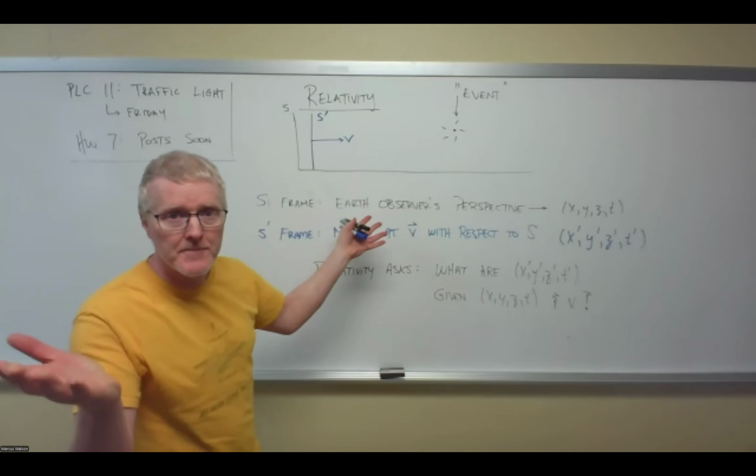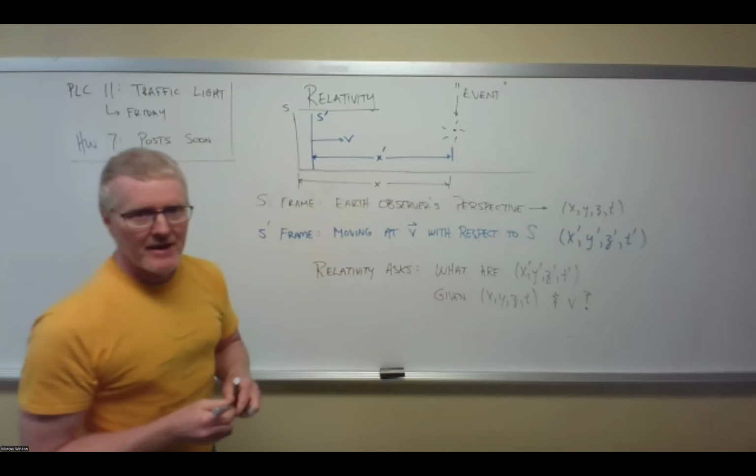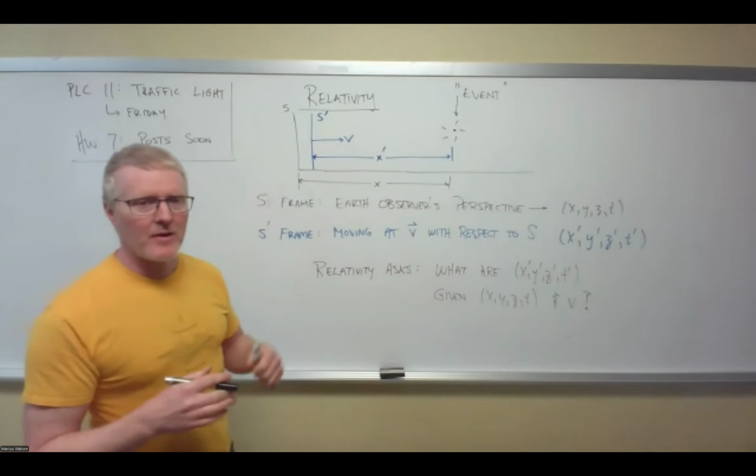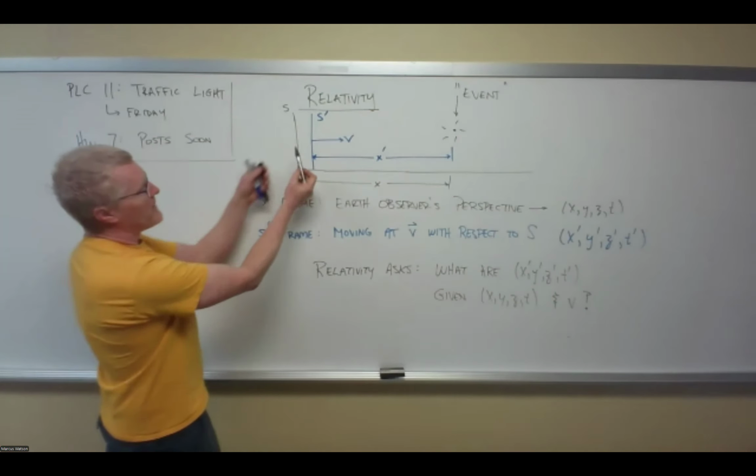All right, so the S frame has a distance x. The S prime frame has a distance, say, x prime to this event. And we're going to make the assumption, which we will, by the way, constantly make this assumption, that when these two origins moved past one another, the clocks both got set to 0 or noon or something.